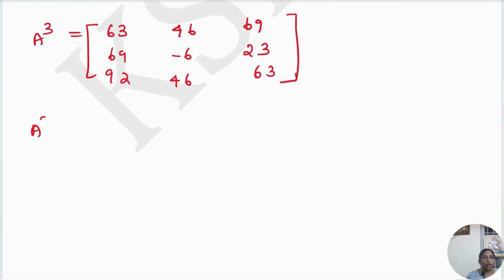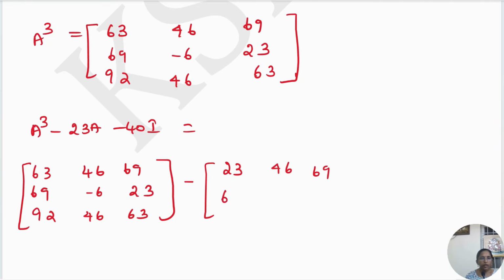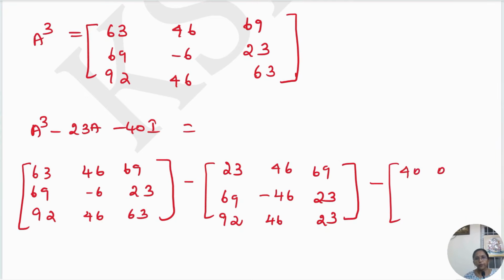So A cube minus 23A minus 40I will be, so your A cube data minus 23A. So multiply your given A matrix with 23. So our answer will be, second row 69, minus 46, 23, third row 92, 46, 23, and minus 40I. So with the identity matrix you multiply with 40.